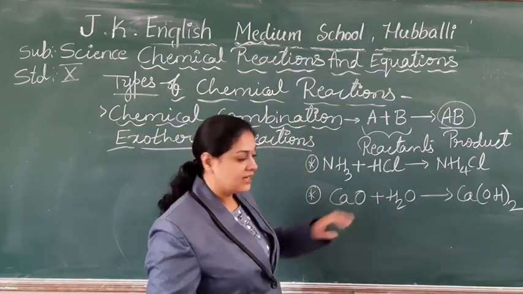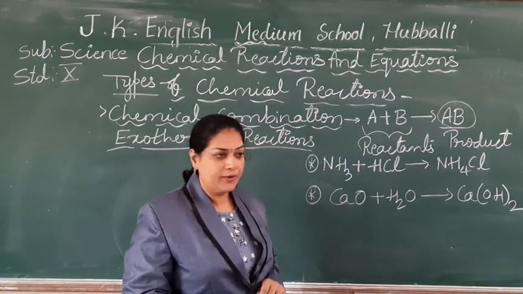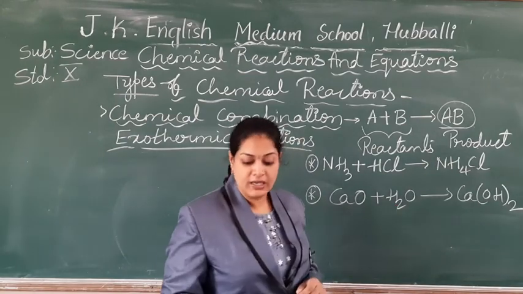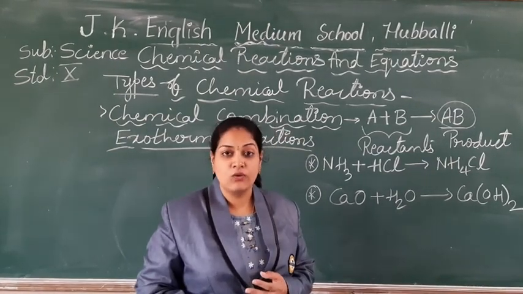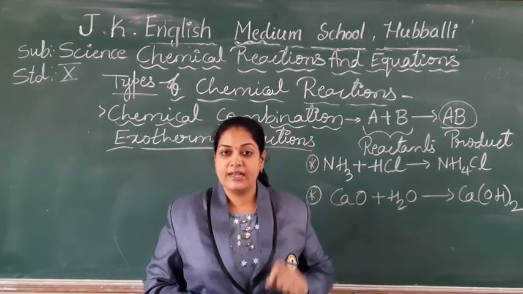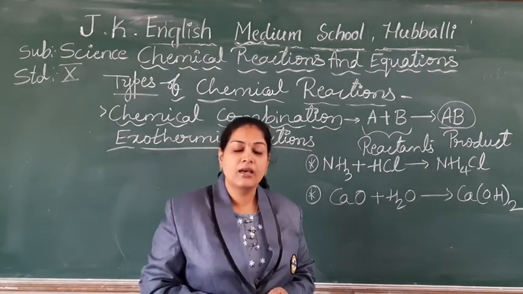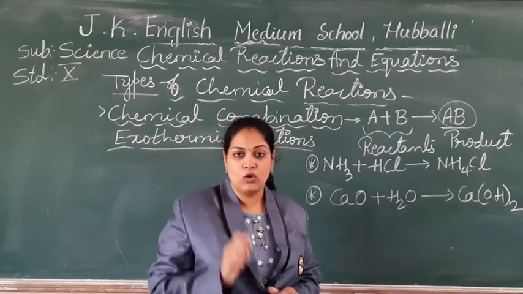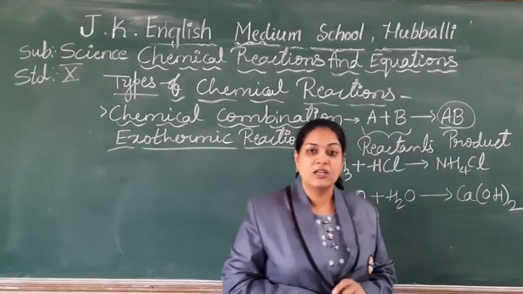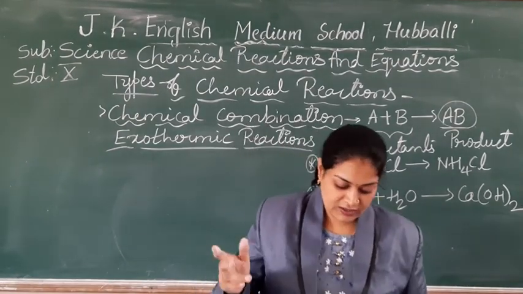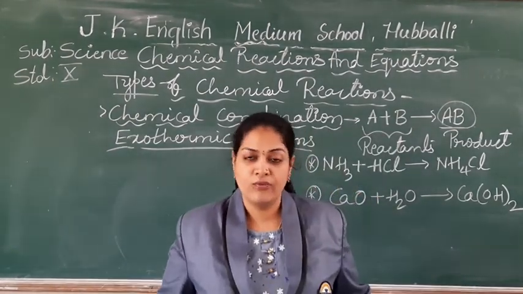Take the quicklime, calcium oxide. Add the water. In my previous class also, we discussed this while we did the balancing of the chemical equation. Take one test tube, add the calcium oxide, add water. Okay, what product is formed? Calcium hydroxide, which is called the slaked lime. Fine.